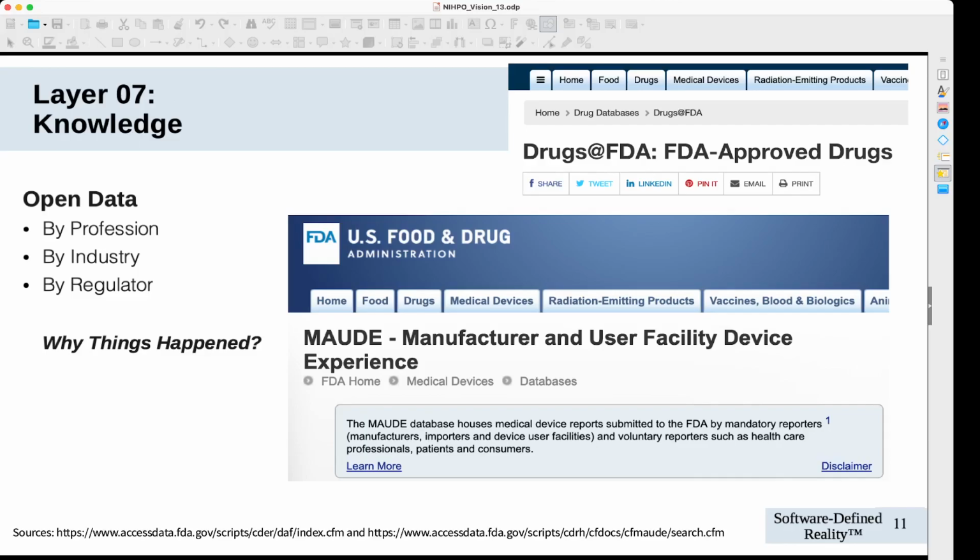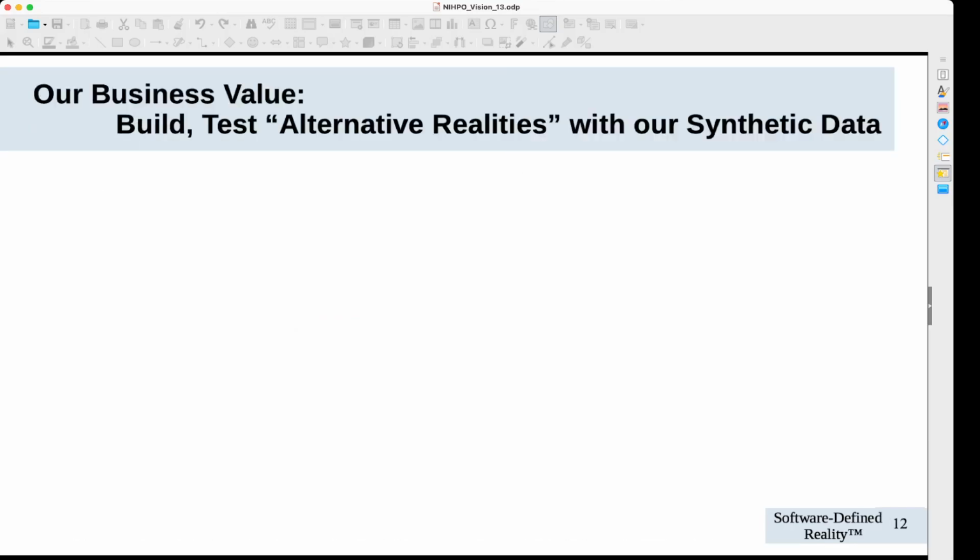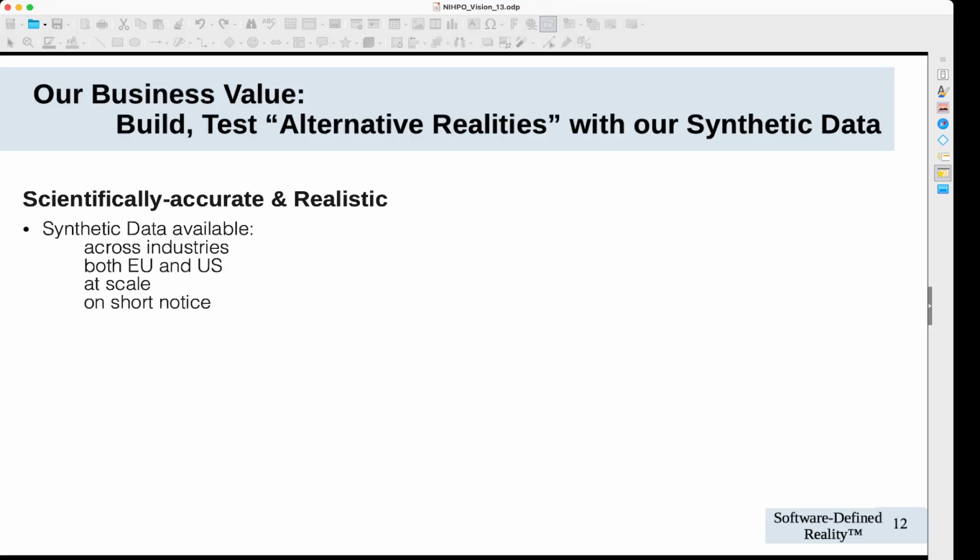So then what we do with all of these layers is we build and test alternative realities with this synthetic data. What that means is that our synthetic data is scientifically accurate and realistic. It's available across industries for both the EU and the US at scale and on very short notice.